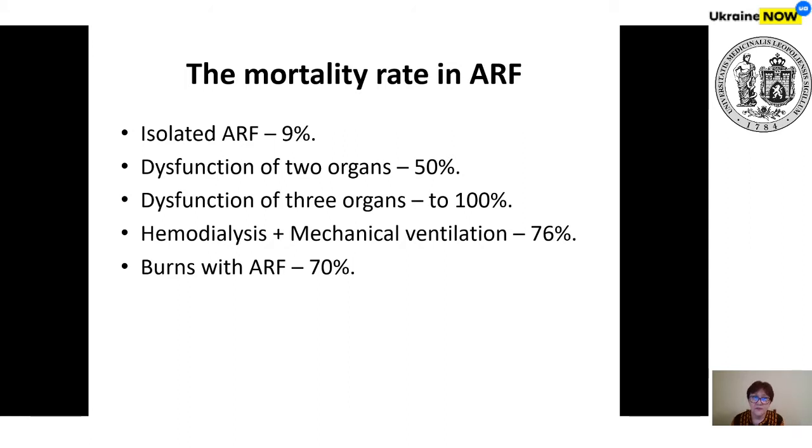When the patient needs hemodialysis and mechanical ventilation at the same time, the mortality rate is 76%. And for patients with burns developing acute renal failure, the mortality rate is 70%. So you can see that acute renal failure is one of the most potent causes of mortality in the intensive care unit.